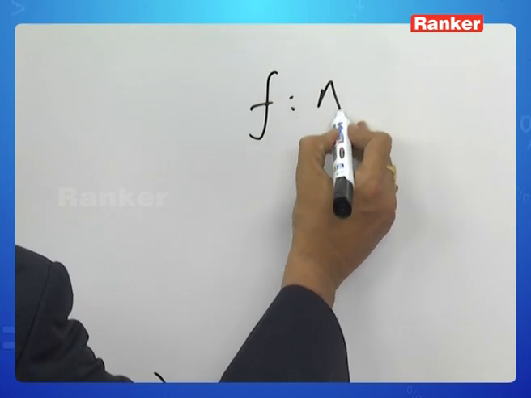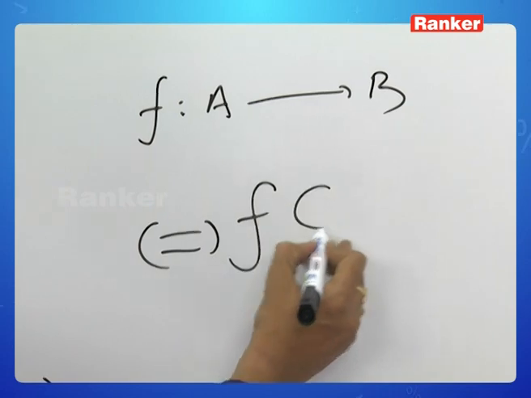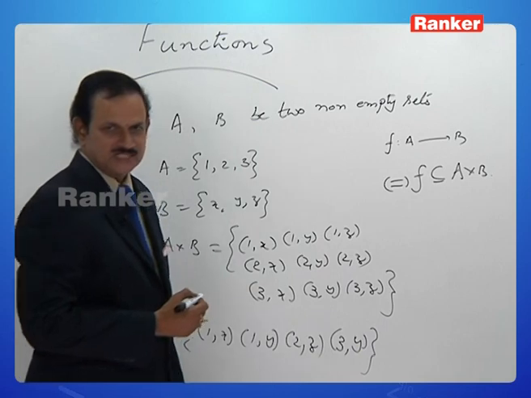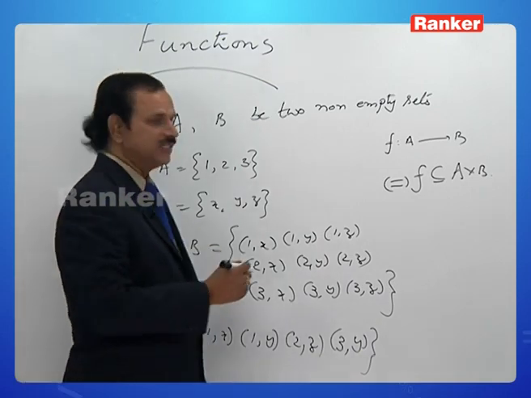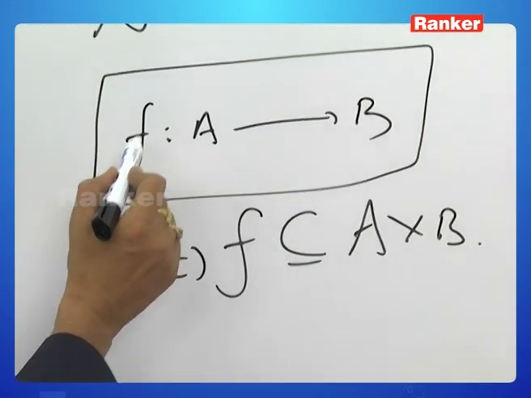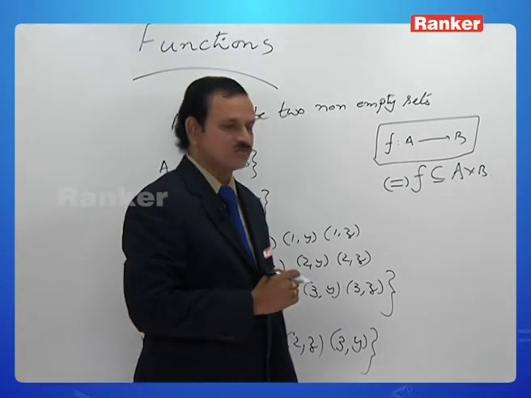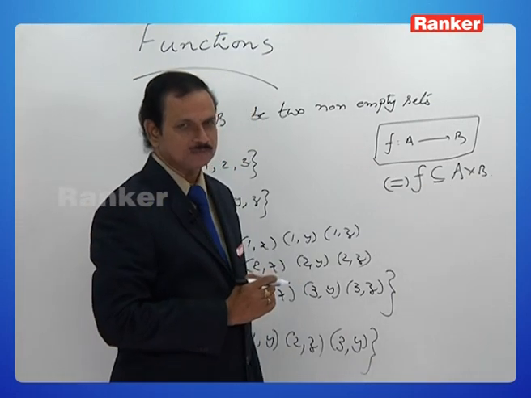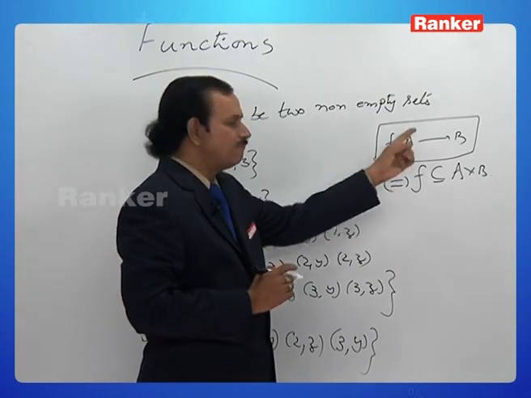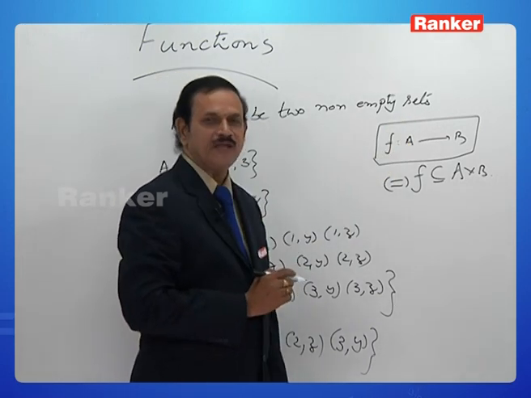F is a relation from A to B if and only if F is a subset of A cross B. This is a famous notation which must be read as F from A to B. Now and then some students used to say F maps A to B. That is a wrong pronunciation. You have to read this as F from A to B. Basically, it is a relation from A to B.